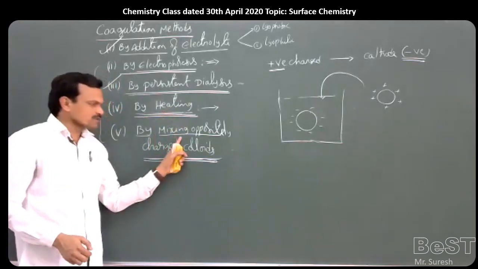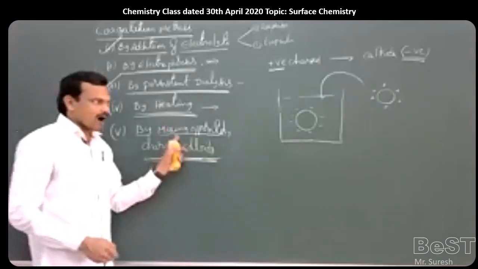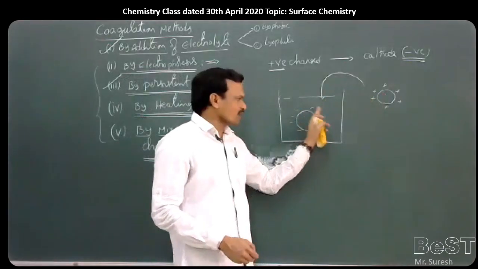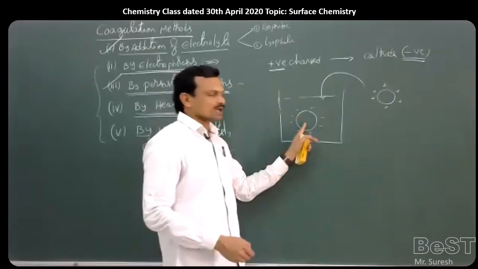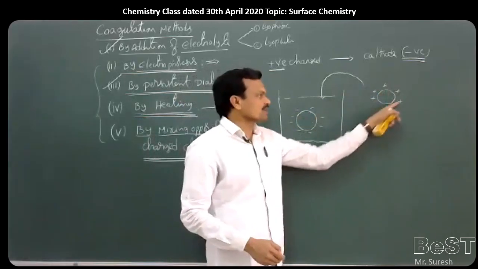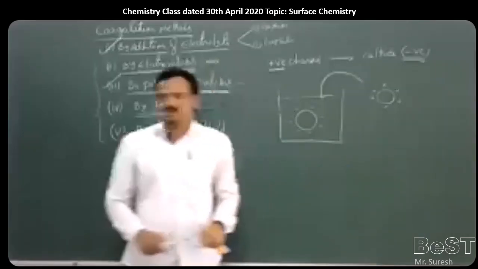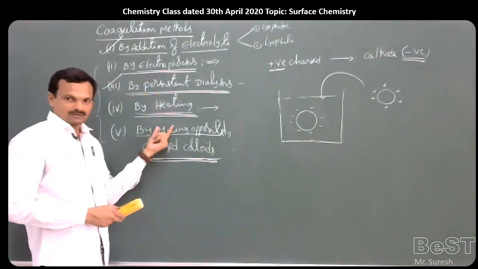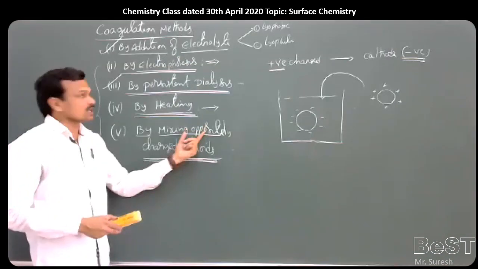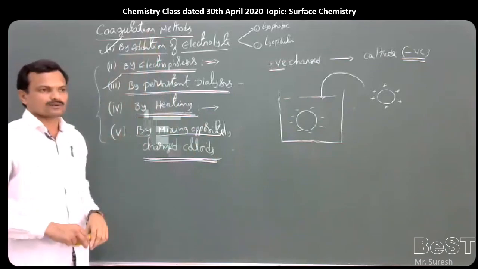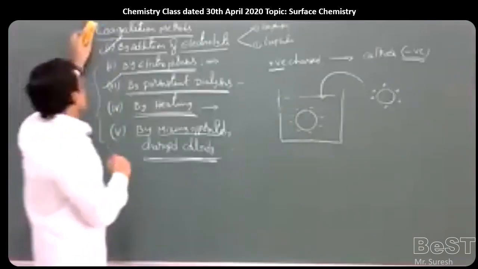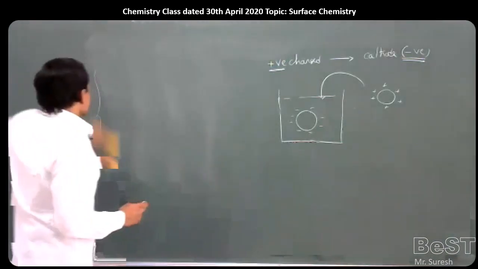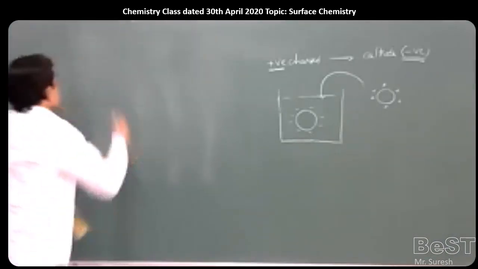By mixing oppositely charged colloids: on mixing them, the charge present on one colloidal particle is neutralized by the charge present on the other colloidal particle. As a result, mutual neutralization takes place and particles get precipitated. So these are the methods used for coagulation of colloids. Next, there is still one more property, that is protection of colloids.